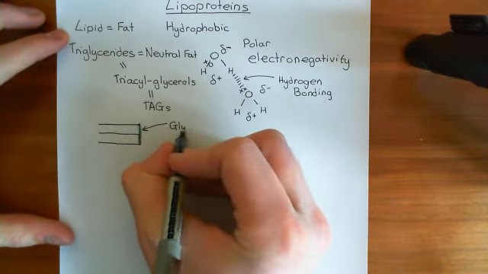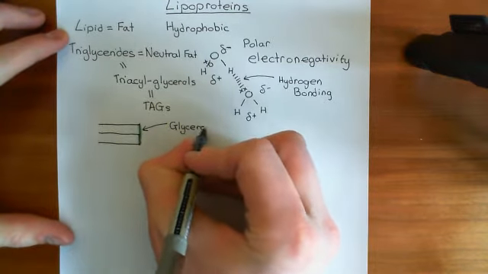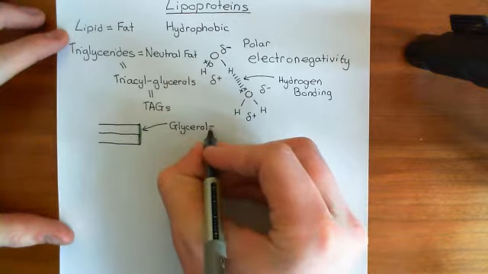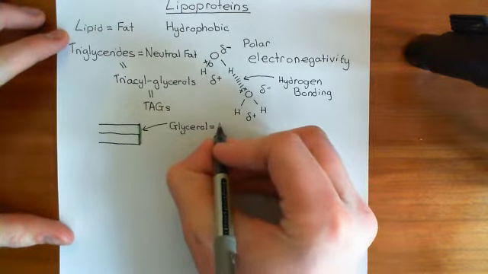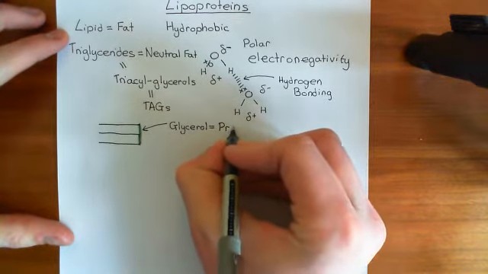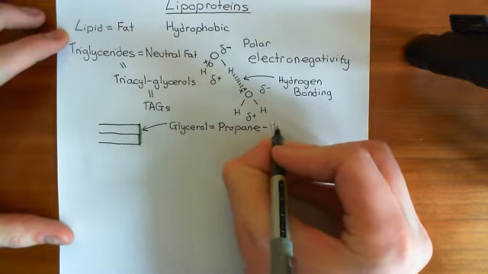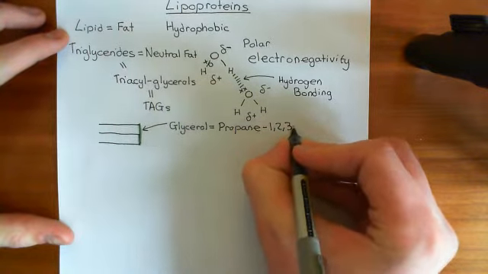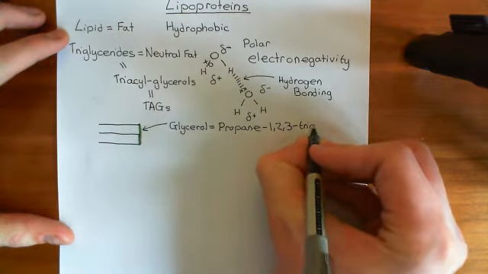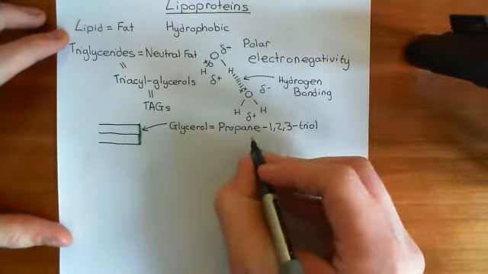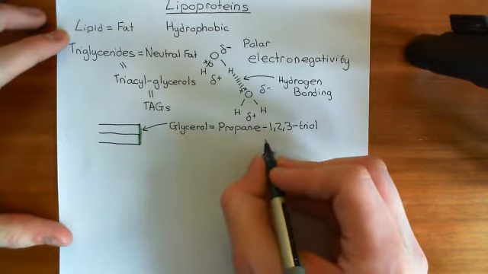Now, glycerol is the old biochemist name for this molecule. The organic chemist name, which is a better name for glycerol, is propane 1,2,3-triol. Although propane 1,2,3-triol is a bit of a mouthful, it's a useful name because it tells you exactly what the structure of this molecule is.